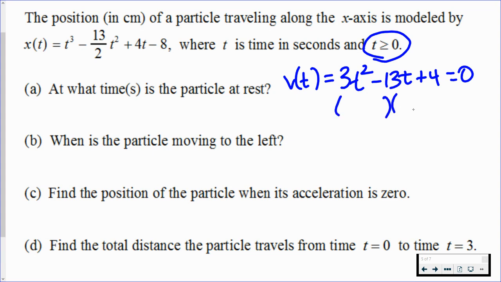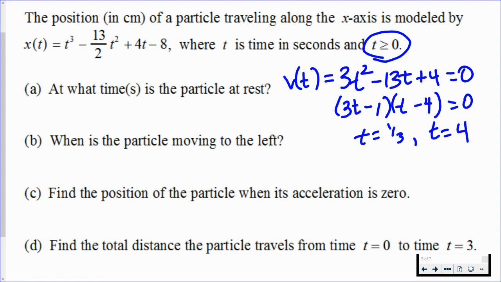So we could factor. What would that give us? We'd have 3t and t, and then minus 1, minus 4. There we go. So we get the values t equals 1/3 and t equals 4, both of which are positive, so that works. Okay, so we are at rest at 1/3 and 4 seconds.